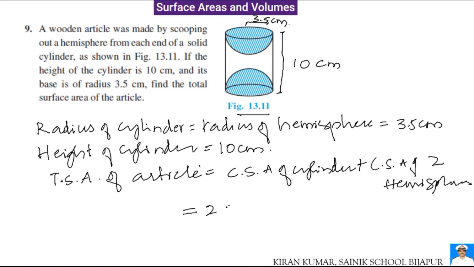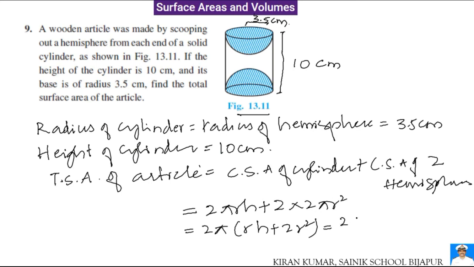So it is 2 pi rh plus 2 times 2 pi r square. Let's substitute. Before that, I'll take 2 pi as common. I'll get r h plus r also can be taken common, let it be 2 r square. Substitute.